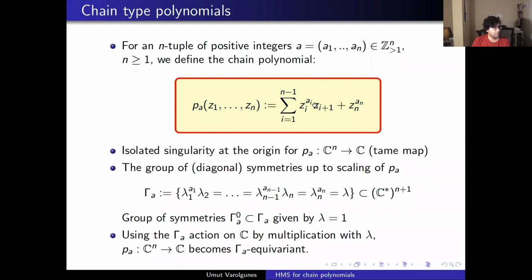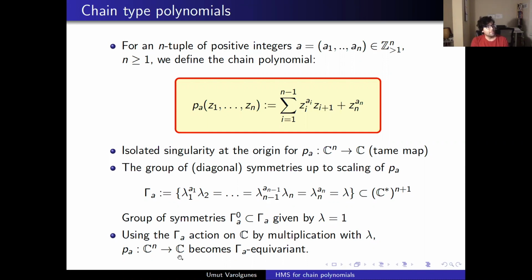Okay, and so the way I can think about this is, I have this map PA, and this group gamma A acts on Cn by the diagonal action, by diagonal matrices, lambda 1 up to lambda n on the diagonal.